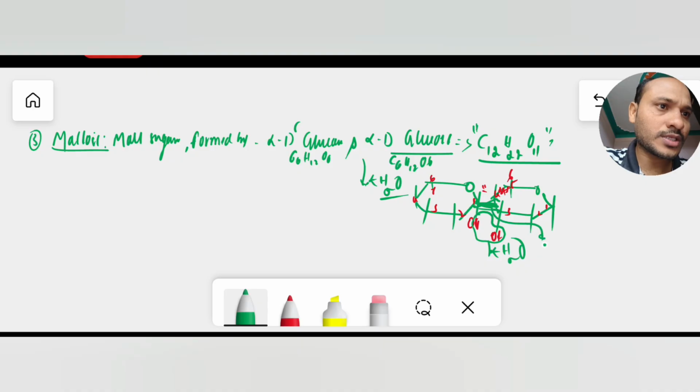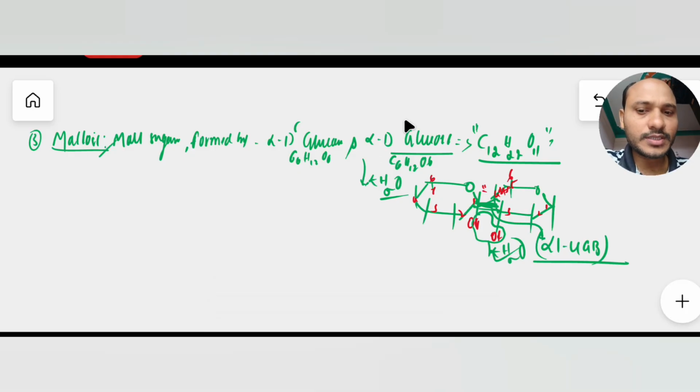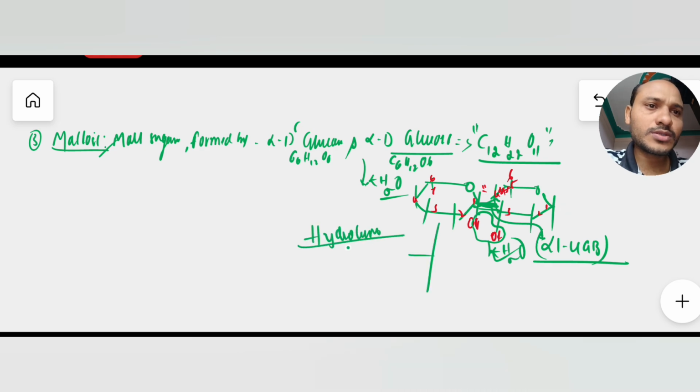This bond is called an alpha 1,4 glycosidic bond. This alpha 1,4 glycosidic bond is formed between two glucose molecules by removing a water molecule. Then it forms maltose. For hydrolysis of this maltose we require an enzyme called maltase enzyme. Once it undergoes hydrolysis, it again forms two molecules of monosaccharides.